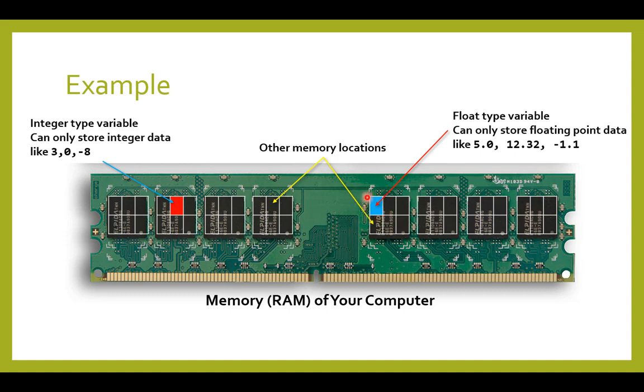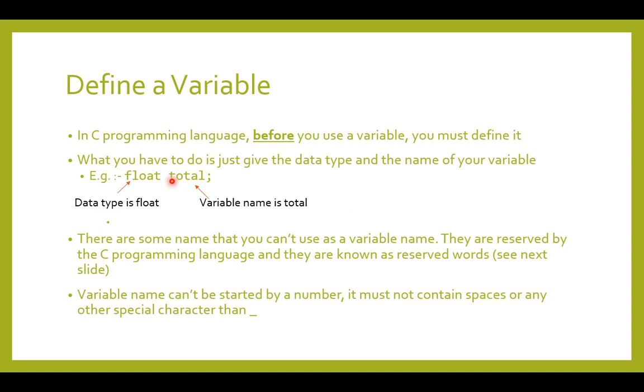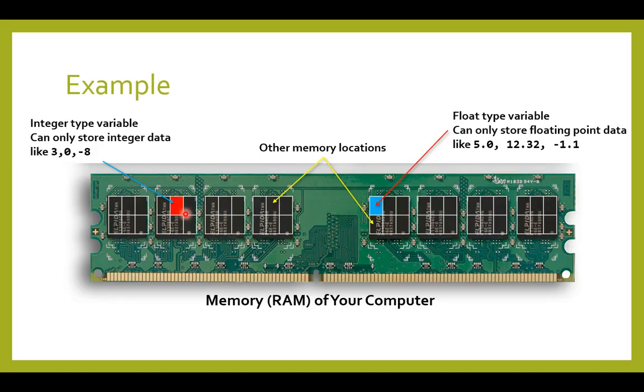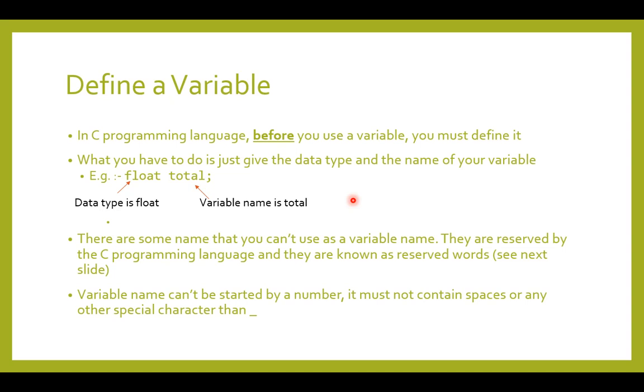Now if we want to access this memory location, or this cell, or this variable, we can use its name. We have defined the name as total, so this cell will be the total cell. This variable is known as total, so we can call it by its name. That's very easy.